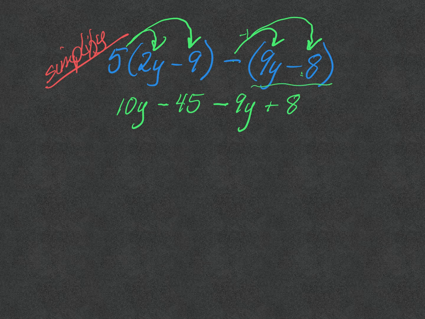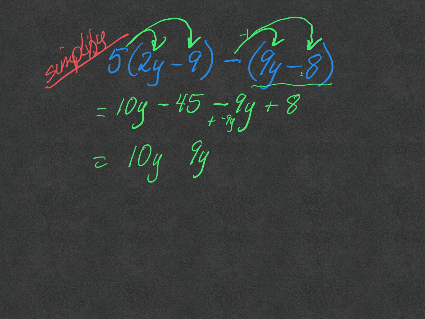Once we're at this point, we can collect like terms. Generally we can reorder them, so by commutative property of addition, 10y minus 9y. This is really adding a -9y, so I can put those together. Let me be slightly more mathematically sound.